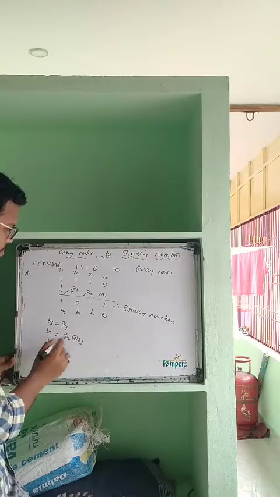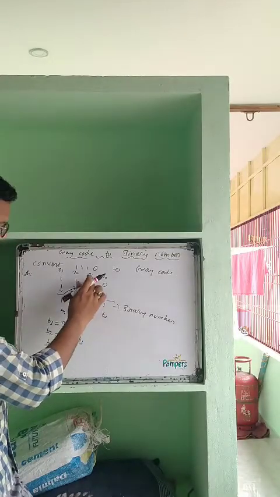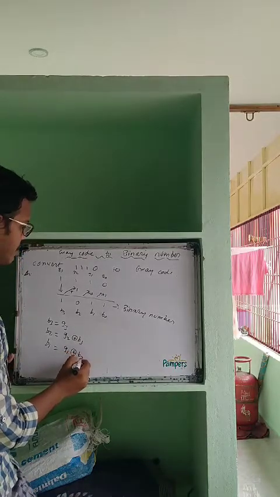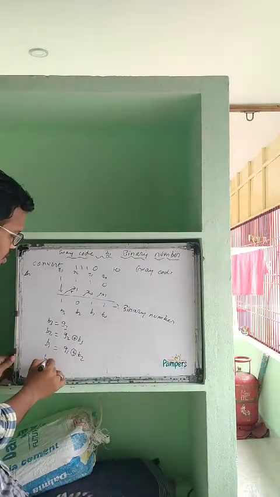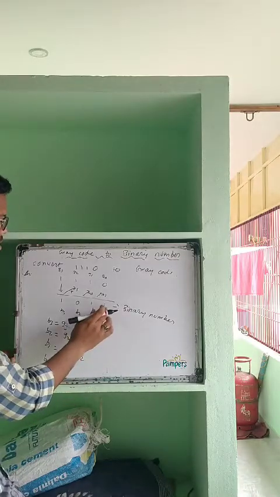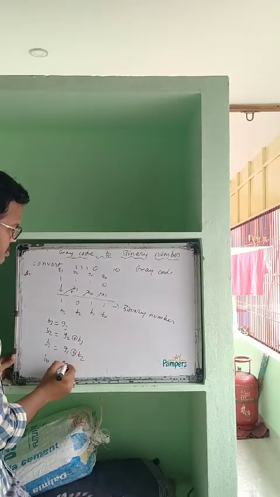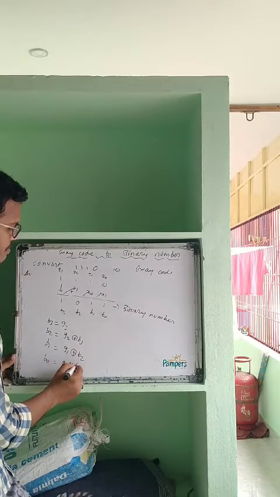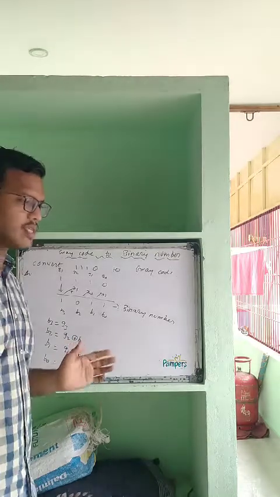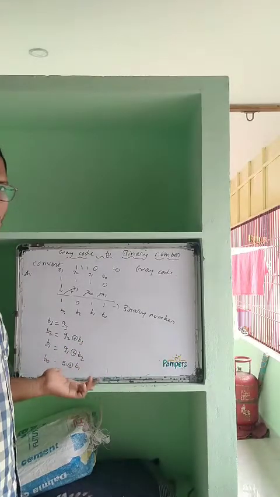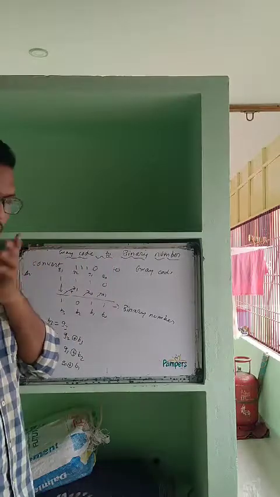B1 is G1 XOR B2. B0 is G0 XOR B1. These are the Boolean expressions for the conversion of gray code to binary number.